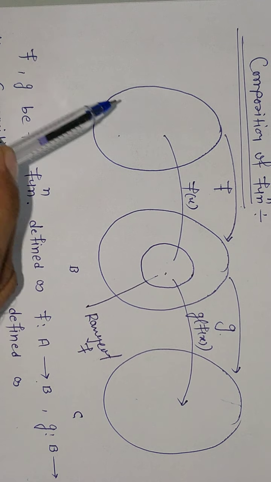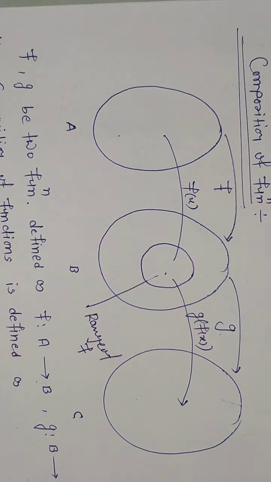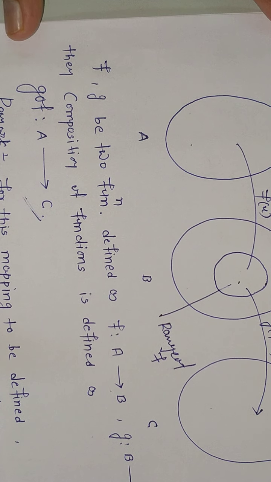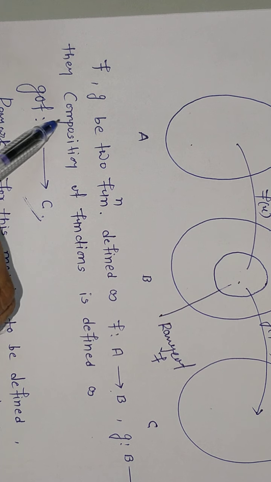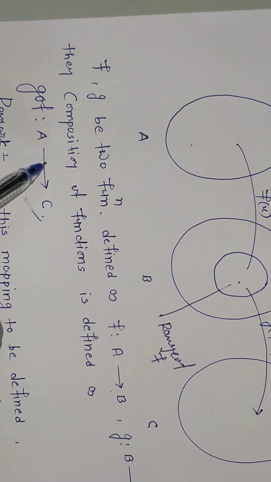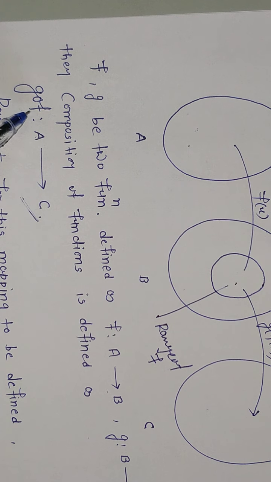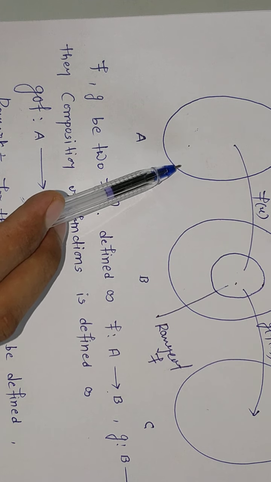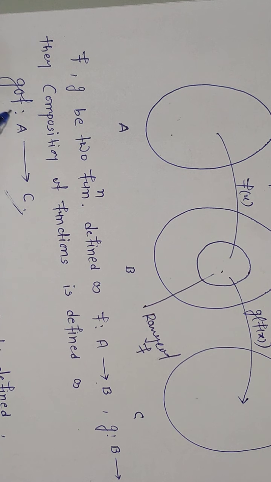So if you consider this mapping g of f, we take input from the domain of f, which is A, and then apply the definition of function f, and we get some outputs that we call the range.